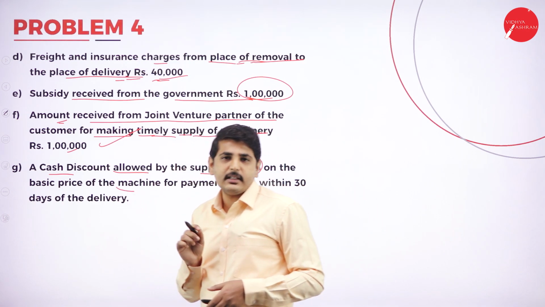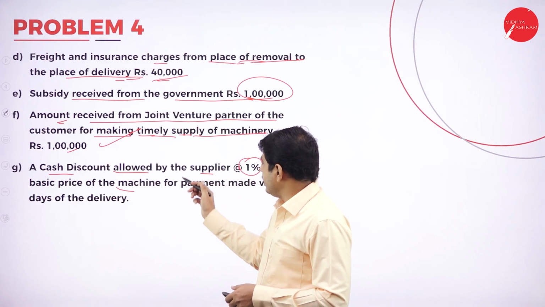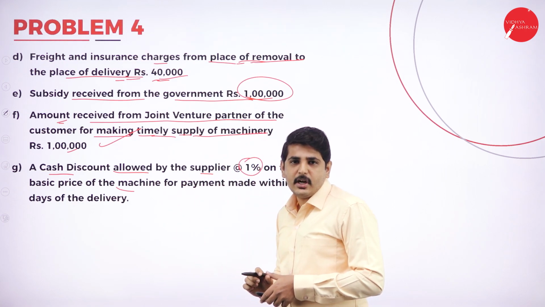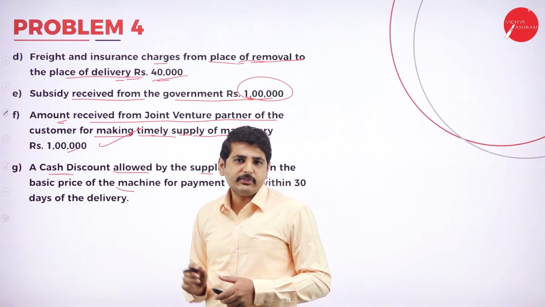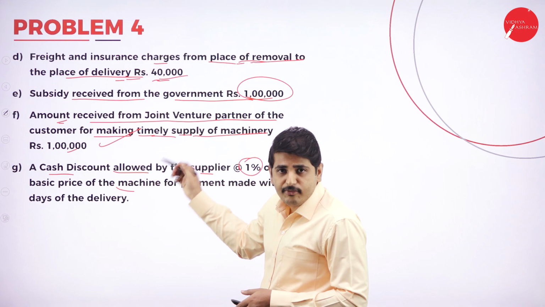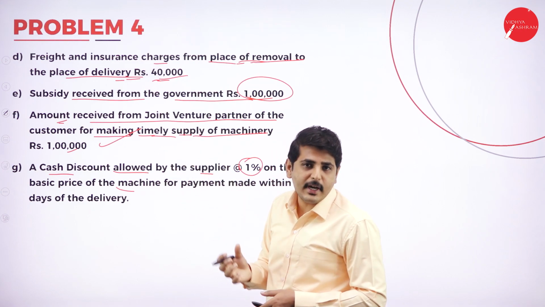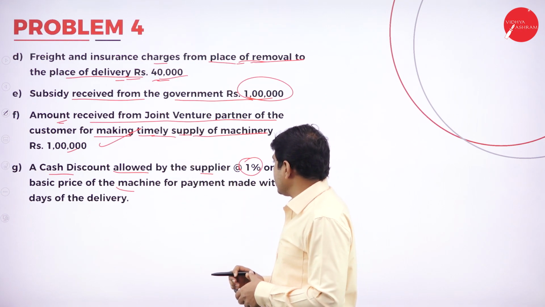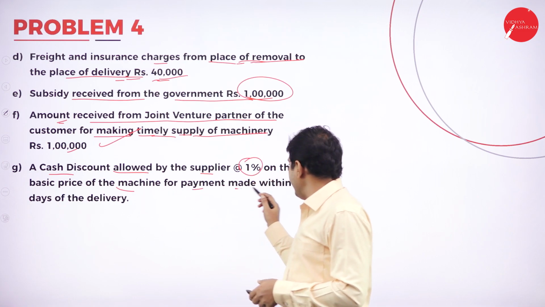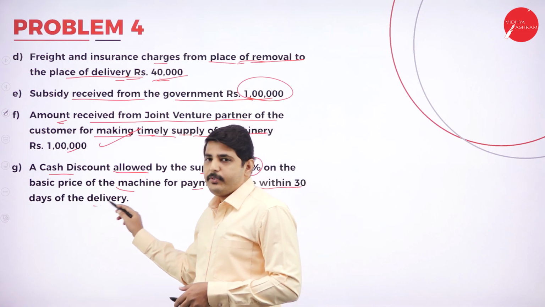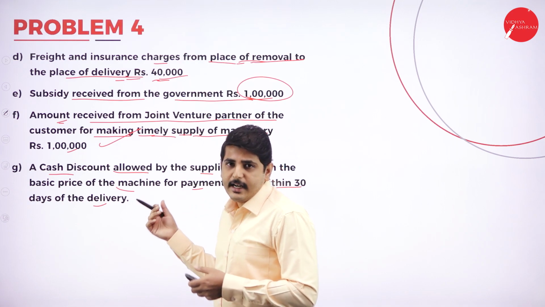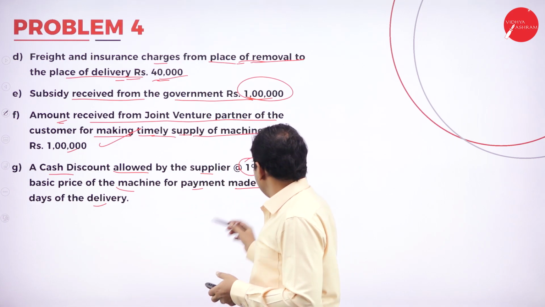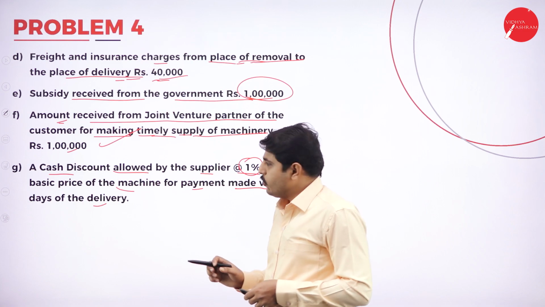We should always calculate the cash discount from the supplier on the basic price or the actual cost of production. We should not take it after adding all these items. The amount you get, that should not be taken. Next one, for payment made within 30 days. If you pay the amount within 30 days, the supplier is ready to provide you 1% discount.